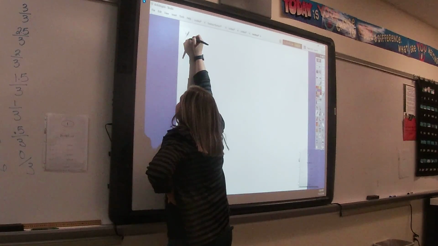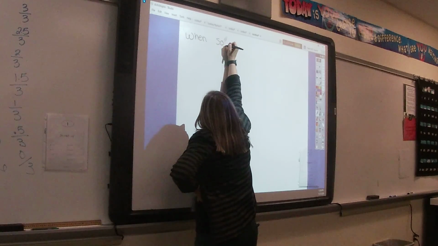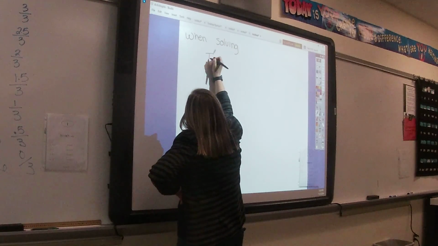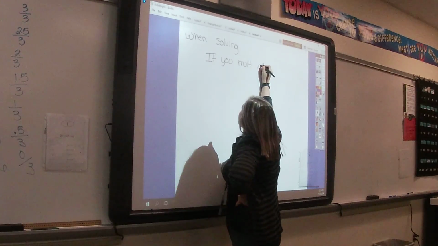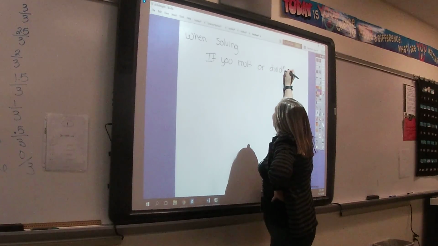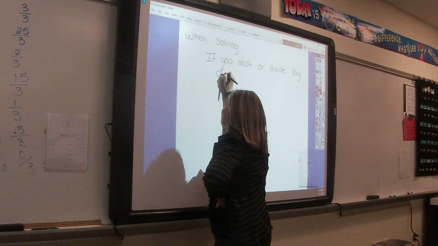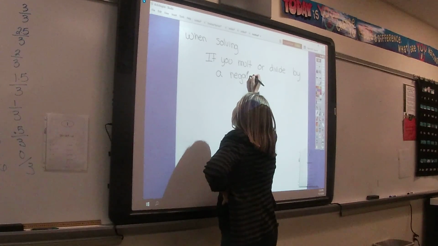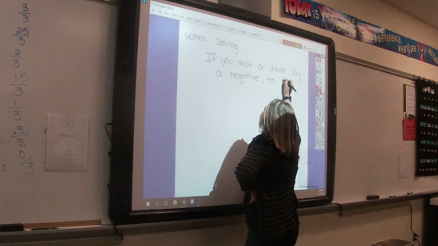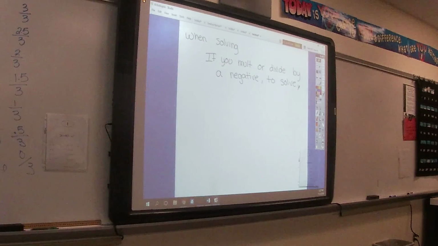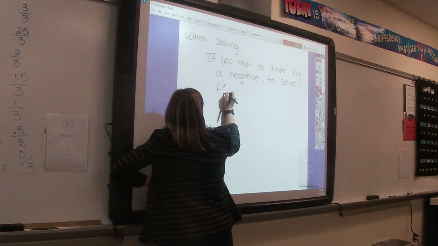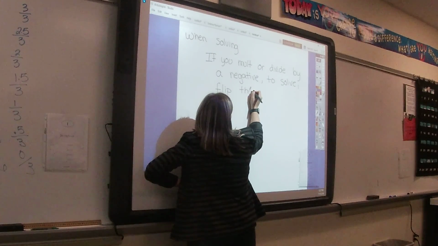Except if you multiply or divide by a negative, okay, and it has to be multiplying or dividing by a negative to solve. If we multiply or divide by a negative to solve, we have to flip the inequality sign.